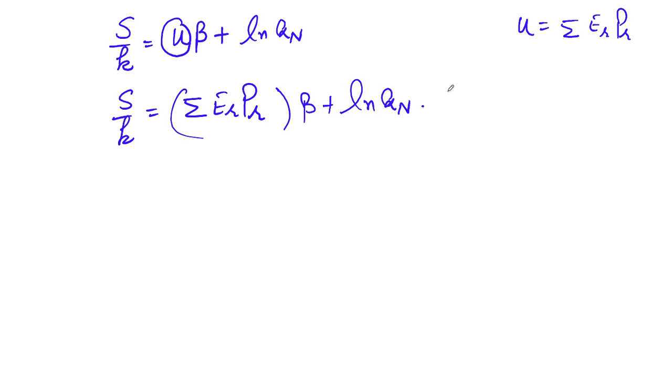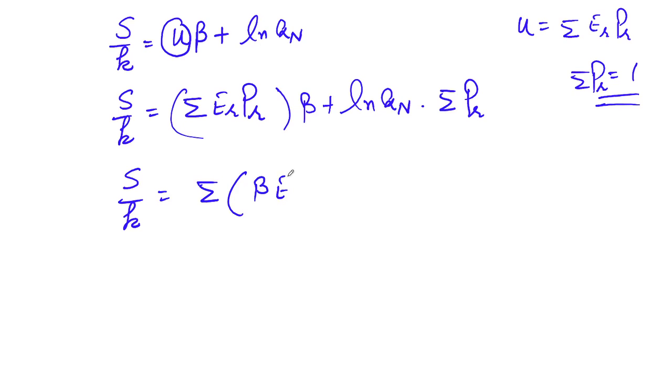We can multiply this with the summation of PR, because the total probability of finding the system in any state is equal to 1. So we can rewrite this entropy equation as the summation of PR times beta ER plus log of Q, if I find this PR term common in both the above cases. So this is our new equation.